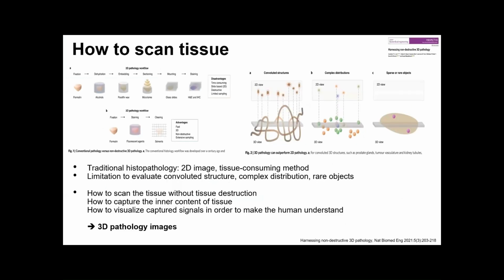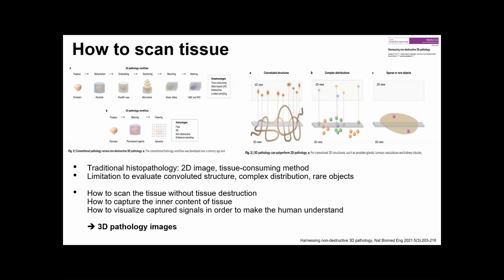Traditional histopathology is based on 2D images using tissue slices. 2D images have limitations in evaluating convoluted structures, complexly distributed objects, and rare objects. 3D pathology images are the solution for this limitation.